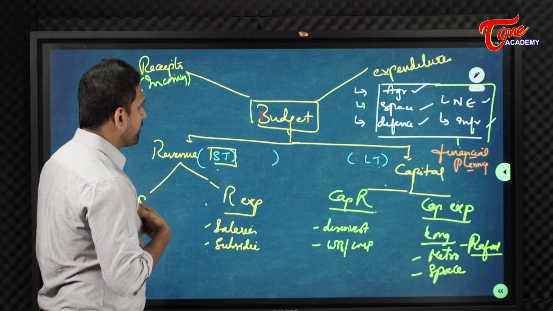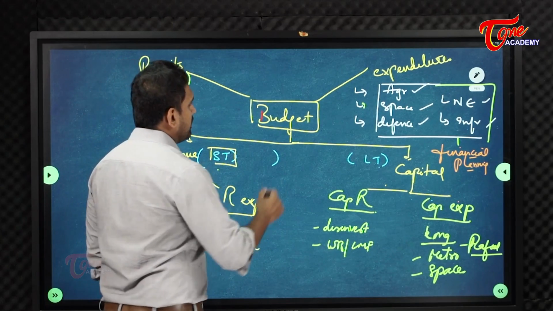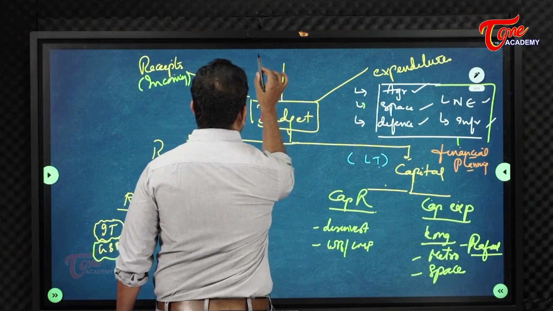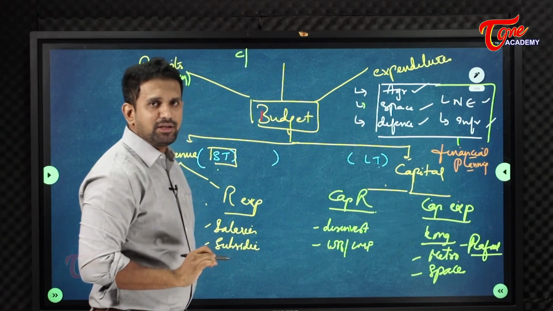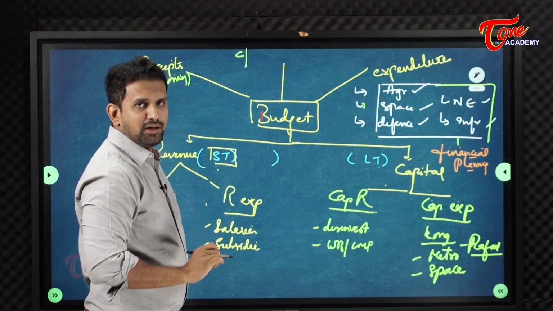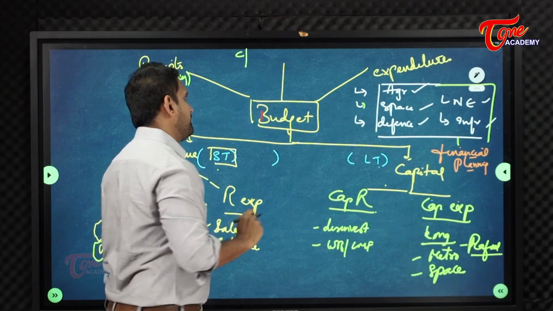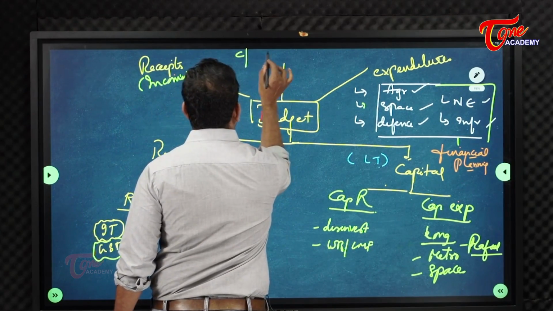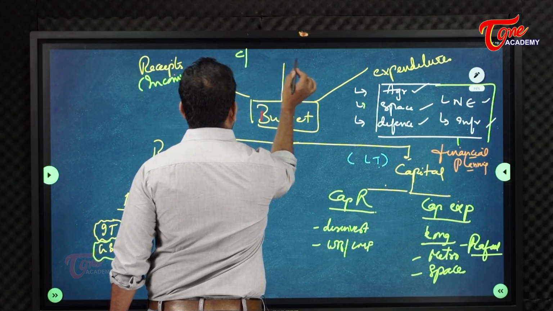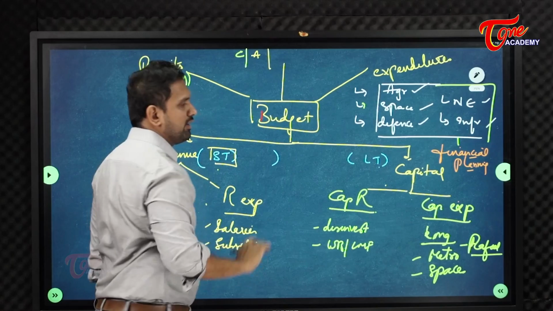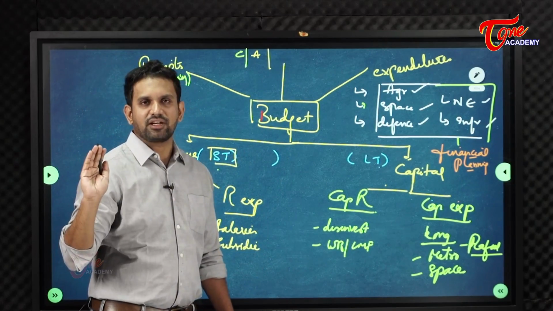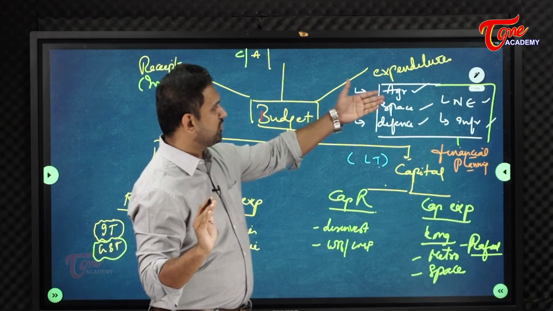Fine. Now, budget generally performs some functions. One is the collection function. Revenues are collected by the government, right? Then, after collection, the allocation function will be there. Allocating to various activities, like agriculture this much, space this much.